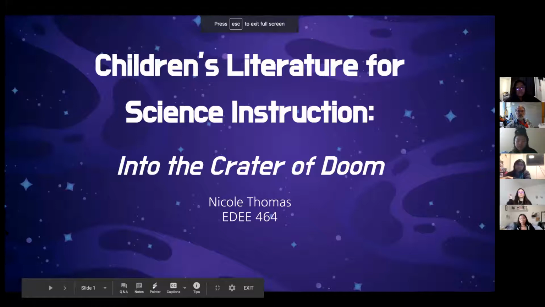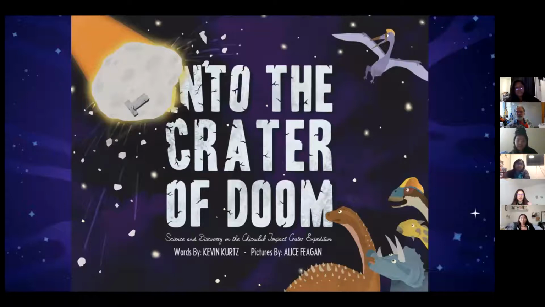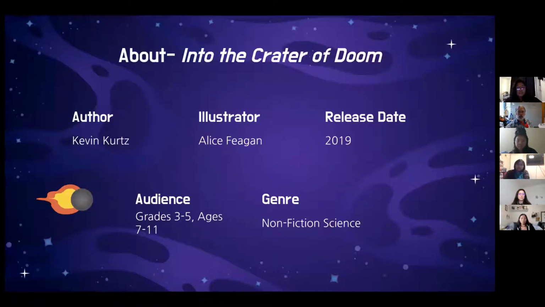Okay, so for this assignment, I chose the book called Into the Crater of Doom. This is what the cover page looks like. Some information about the book: the author is Kevin Kurtz and the illustrator is Alice Beacon.